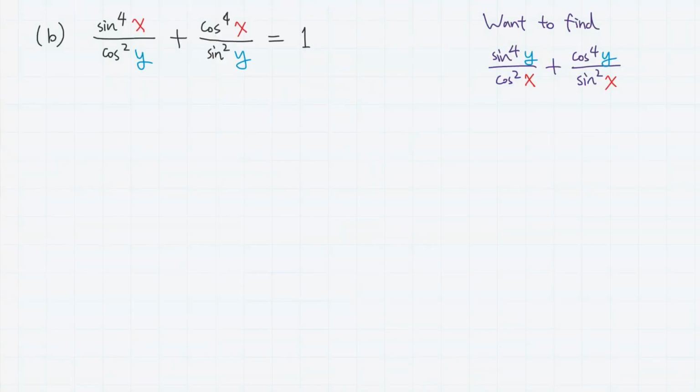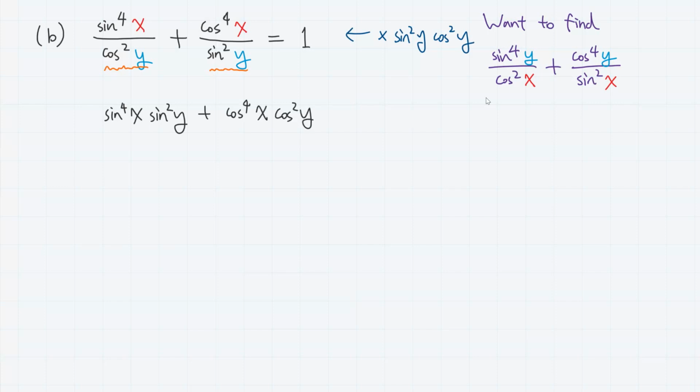And now the second problem, where this is now cosine squared y and this is sine squared y. But the process is pretty much the same. Multiplying sine squared y cosine squared y, we have sine to the power of 4x sine squared y plus cosine to the power of 4x cosine squared y equals sine squared y cosine squared y.